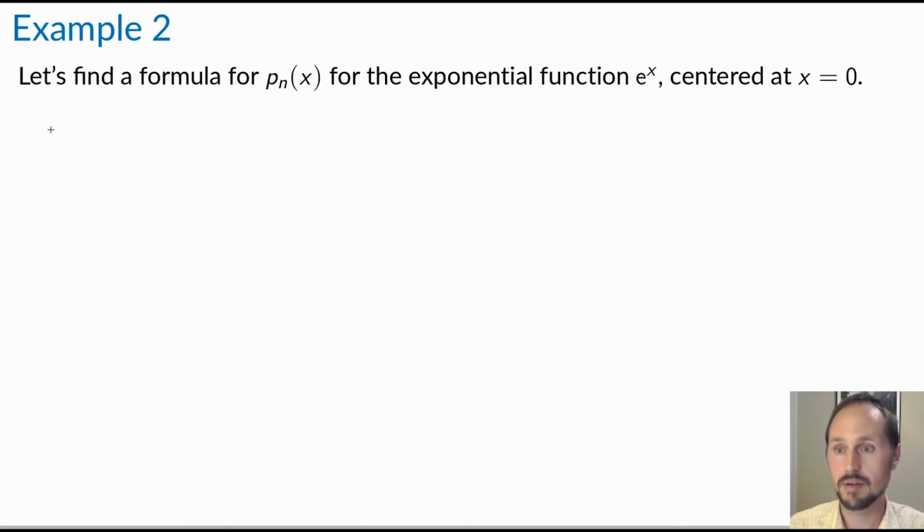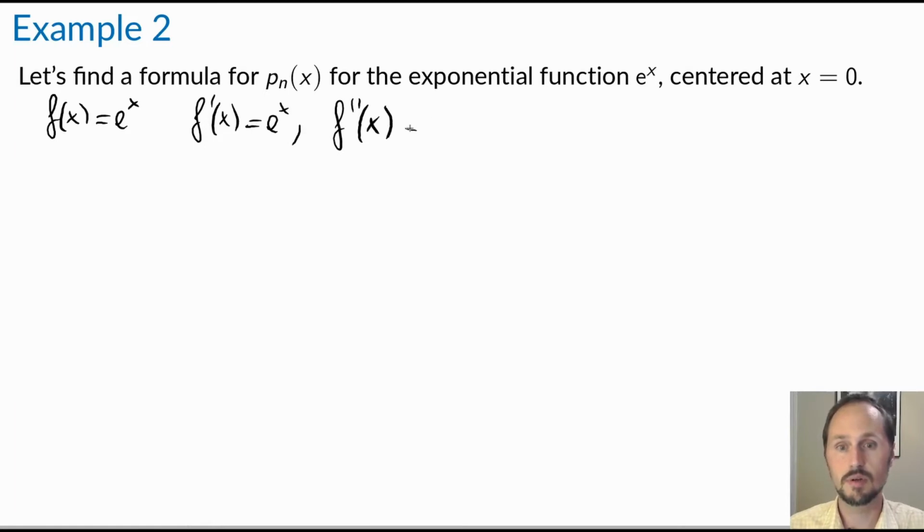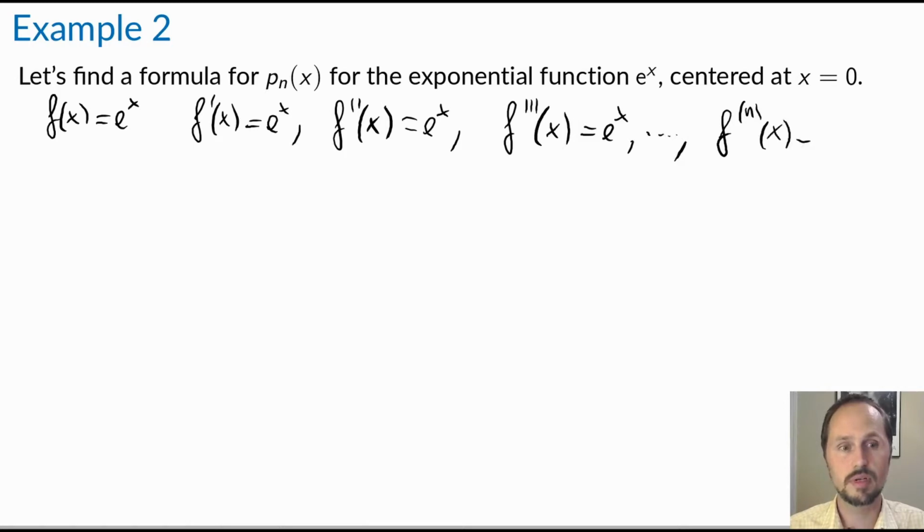So we have that if f of x is e to the x, then f prime of x is e to the x. F double prime of x is also e to the x. F triple prime of x is e to the x, and so on and so forth. And the nth derivative is also going to be e to the x.